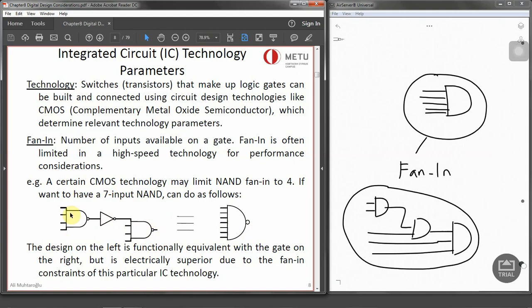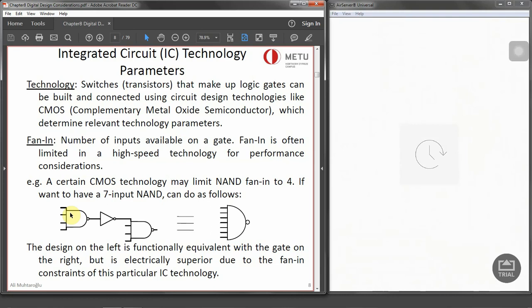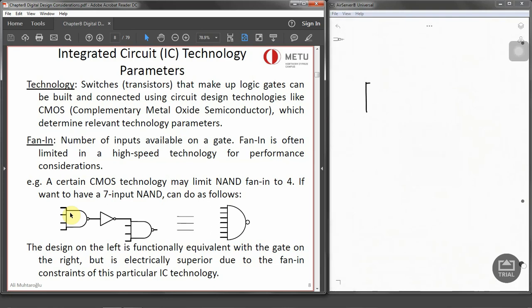We also have similar stuff with the output of a gate. For example, you have a gate with 2 inputs, but that gate has to drive multiple outputs, and this is also a problem because each output represents an individual load.